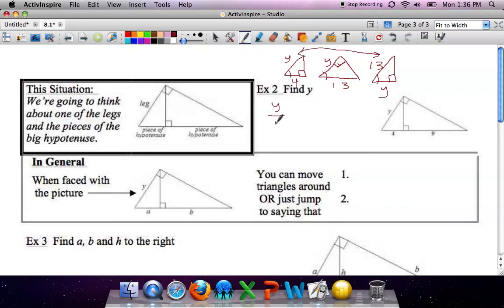So y is to 4 as 13 is to y. Cross multiplying, we get y squared equals 52. Y equals the square root of 52. And what's inside 52? Well, there's a 4 and there's a 13. So the answer is 2 root 13.